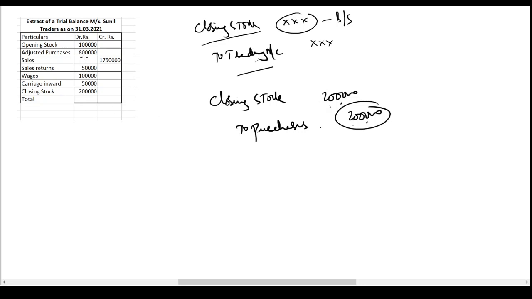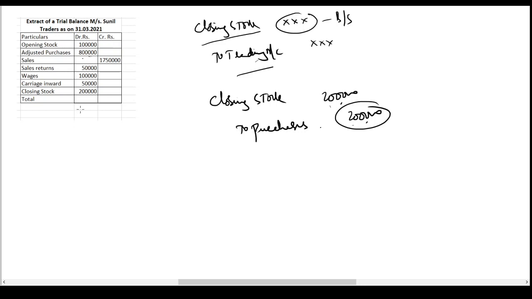Now this purchases is after subtracting closing stock of 2 lakh. If you don't subtract the closing stock from purchases, the entire purchase will be debited to the trading account and there will be an impact on the profits.